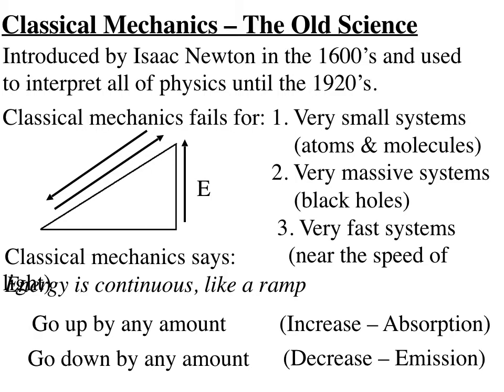The first one, very small systems like atoms and molecules disobeying classical mechanics, was actually found experimentally, and then we had to design a new theory to fit the experimental results that the old model of physics could not show how those things behaved.